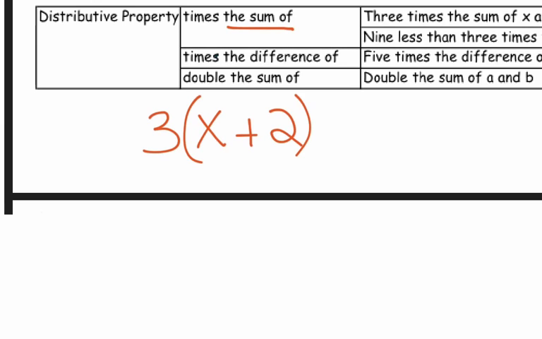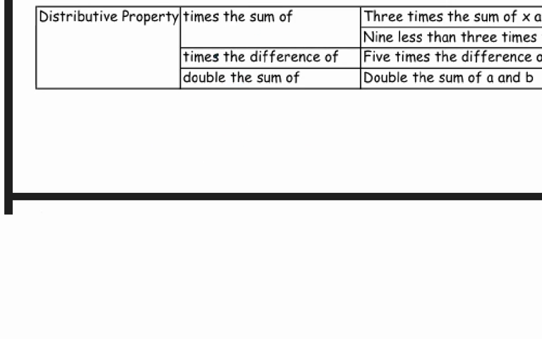It would look like this. So 3 times, because we're going to distribute, 3 times the sum, and don't forget sum means add, the sum of x and 2. So all of your distributive property will have parentheses in them.